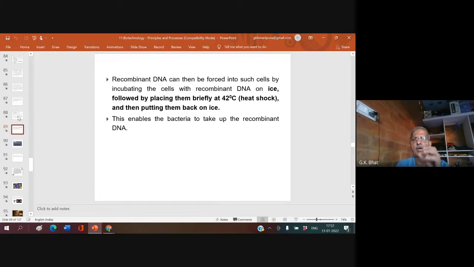First we treated with the divalent ion calcium so that the pores in the wall of the bacterial cell open. Then we incubate the bacterial cell with the recombinant DNA plasmid on ice, followed by a brief treatment at 42 degrees centigrade, and then put them back on ice. This enables the bacteria to take up the recombinant DNA.